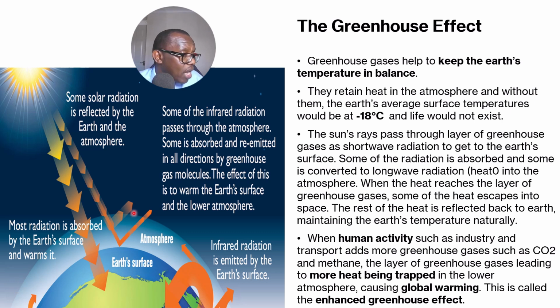When that happens, a lot more of the heat is going to be trapped in the lower atmosphere, and a lot less of it is going to escape. And because of that, we now have the enhanced greenhouse effect, an effect caused by human activity, which is what is causing global warming.